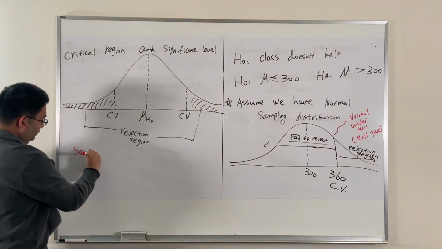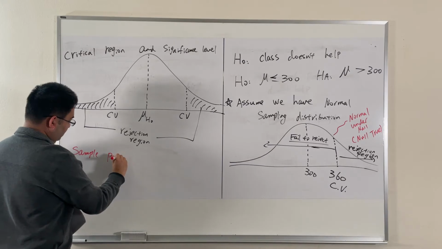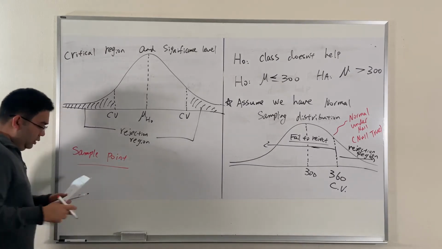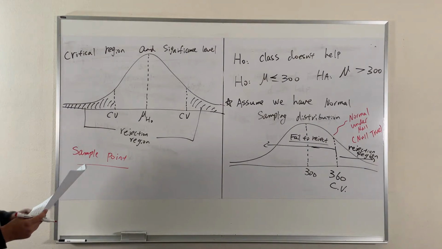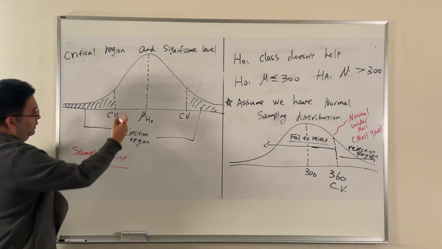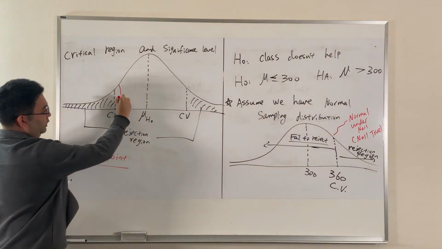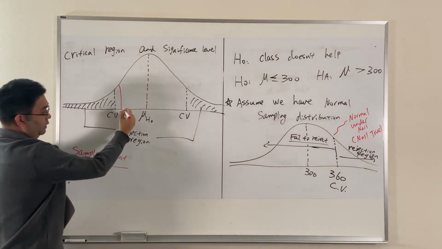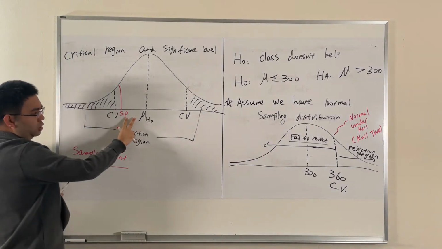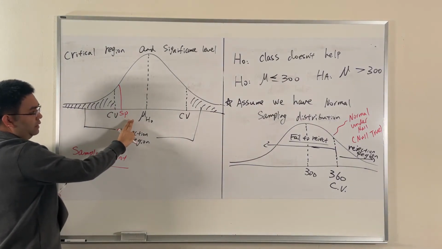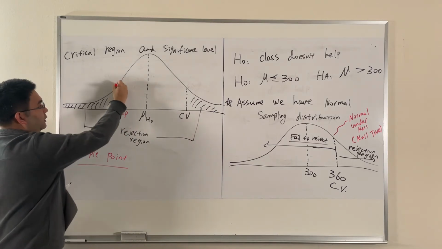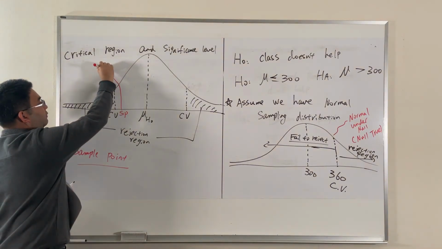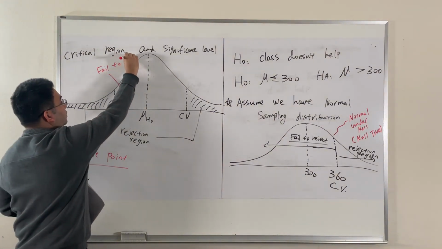If your sample point is here, since it's close to the mean under the null, then you're going to fail to reject the null.